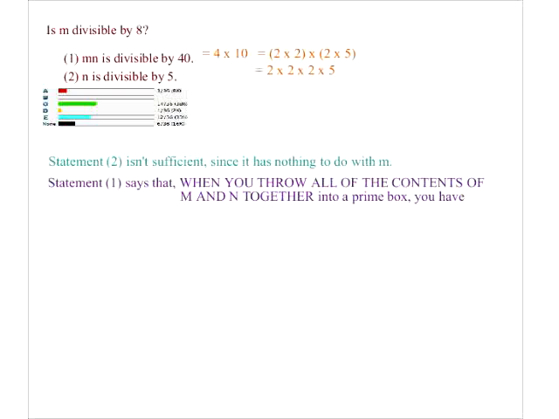Okay, so this means that when you throw all of m and n together into a box, you have 2 times 2 times 2 times 5. But it doesn't say anything about which of these things came from m and which of them came from n.